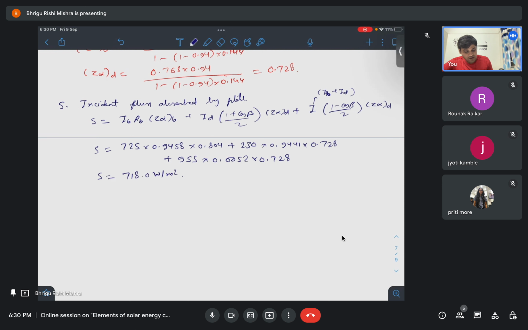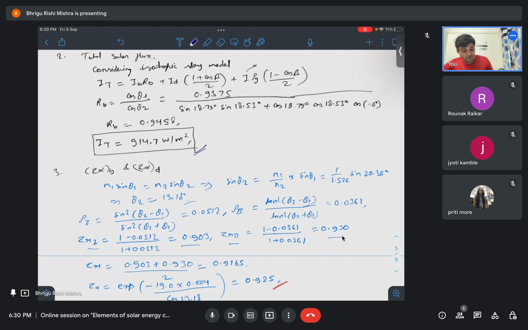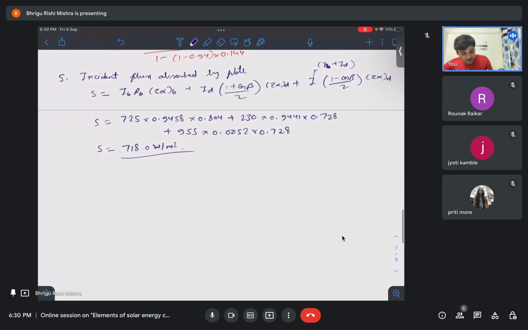If you can see, this is the radiation we are getting, which is 914.7 watt per meter square, and this is the radiation which the plate is absorbing. So there is a loss of around 200 watt per meter square, which is a huge loss.